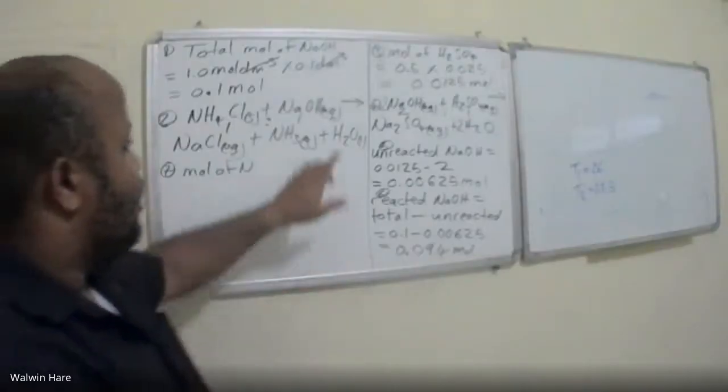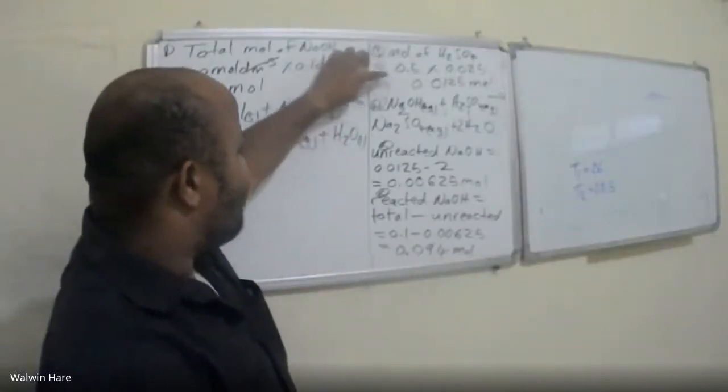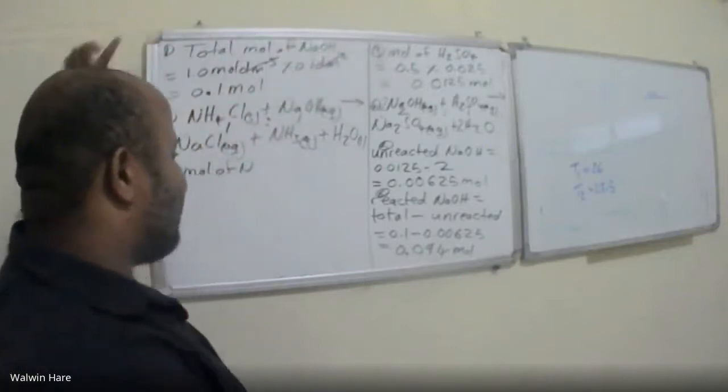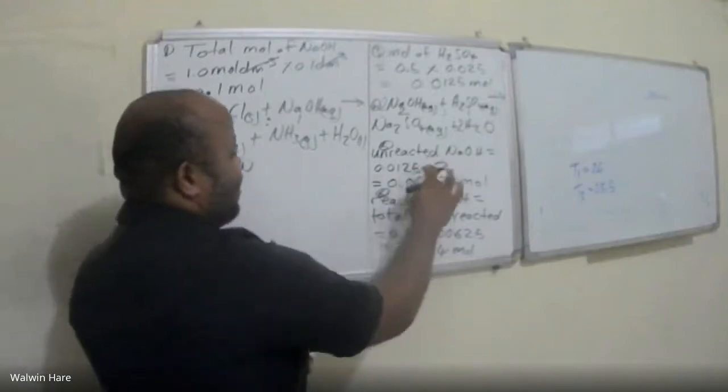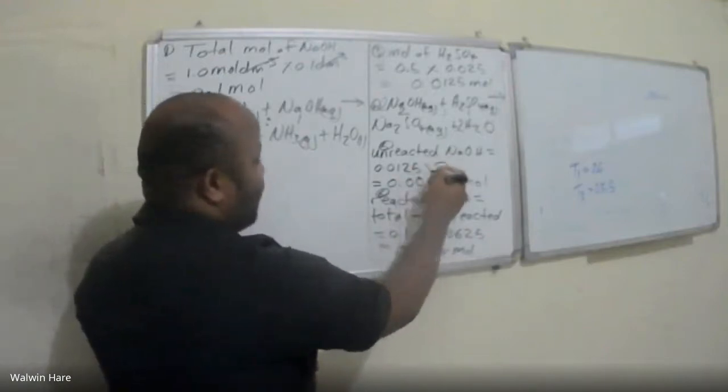Sir, for the unreacted, why did you divide the 0.0125 by 2? All right. So we got the mole of, oh, hold on. At times, we're supposed to times it. Sorry, we're supposed to times it by 2.